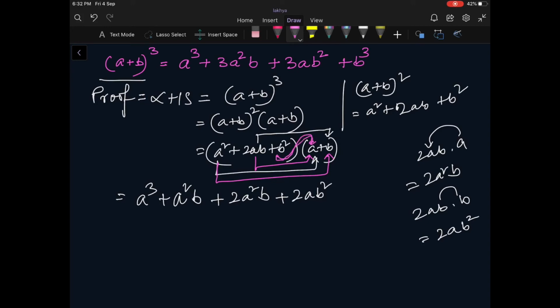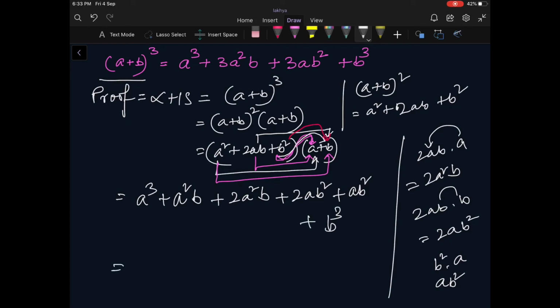B square into a means b square a, which also can be written as ab square. So next term is ab square. Then let us multiply this b square with b, and you will get b cube.